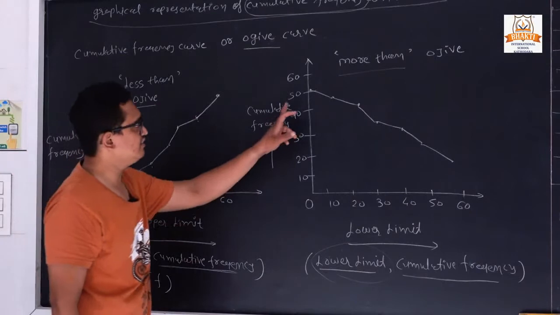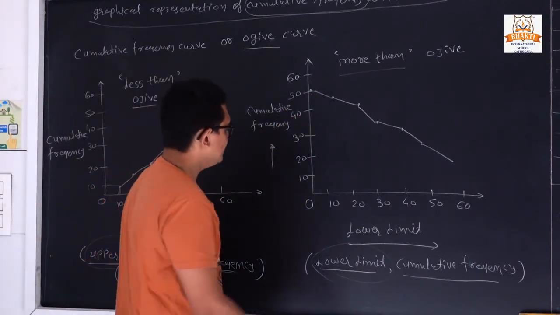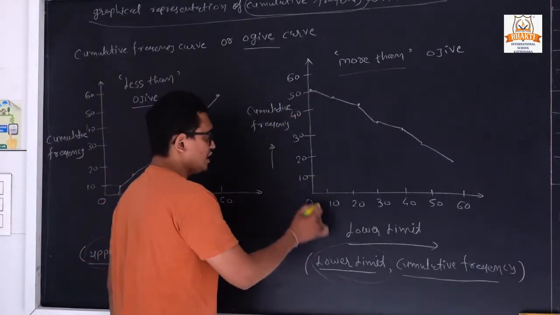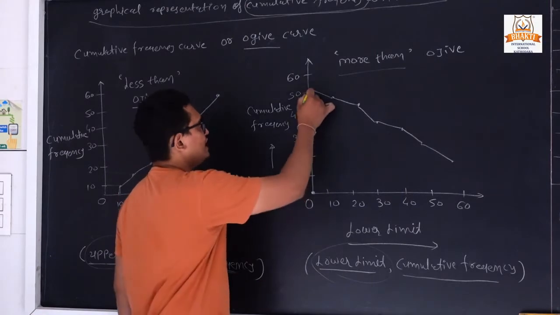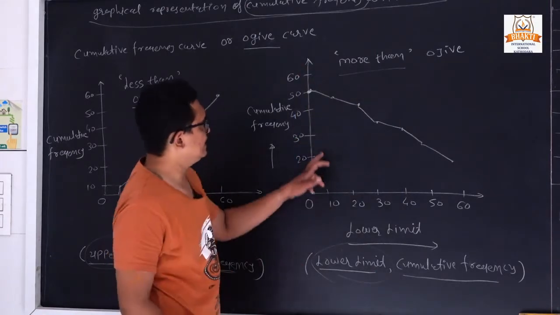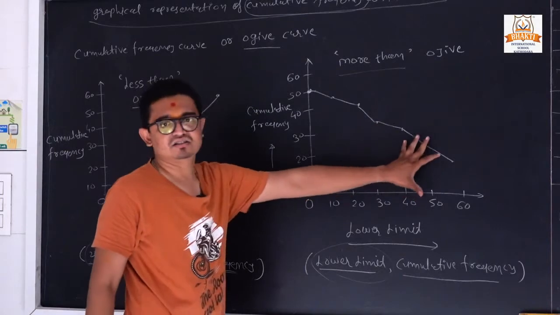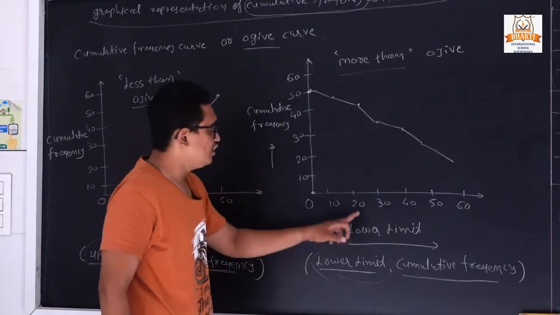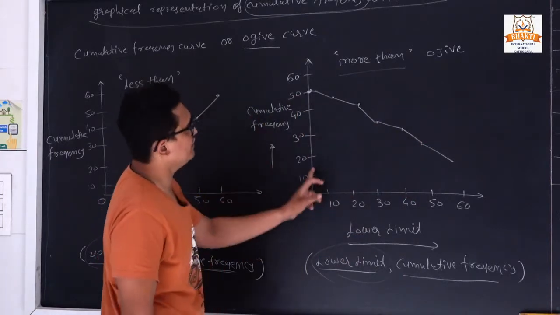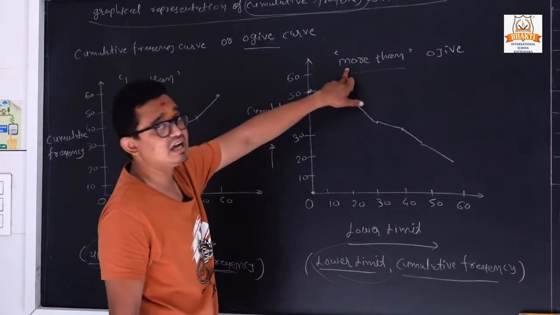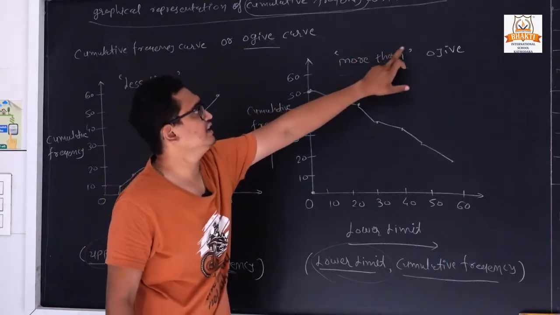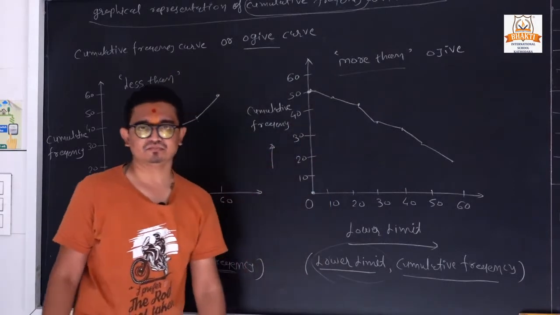Here once again we take one example. If the lower limit is 0, the CF is 50, then 10, then 20, like that. We can plot the graph of lower limit versus cumulative frequency if they ask for the more than type ogive. Clear?